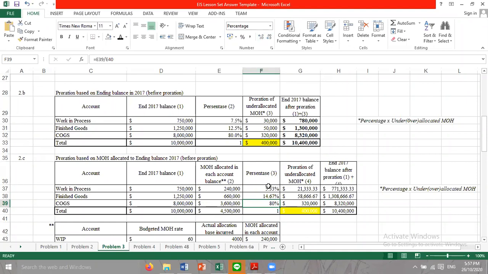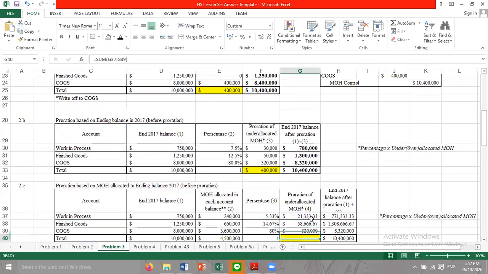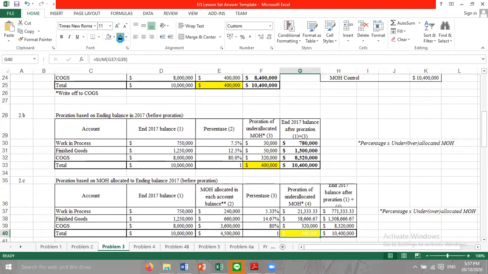Now, once again, we multiply this percentage by the under or over allocated MOH, in this case, 400,000. 5.33% times 400,000 will get 21,333, and so on, until we make sure once again that the total is 400,000.